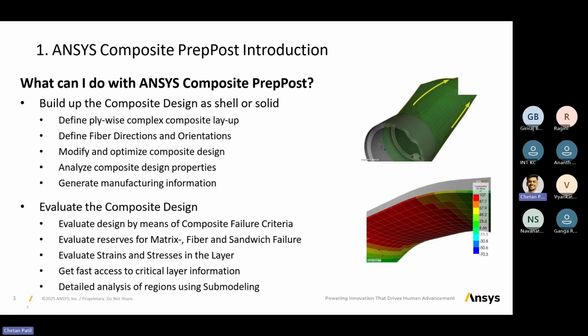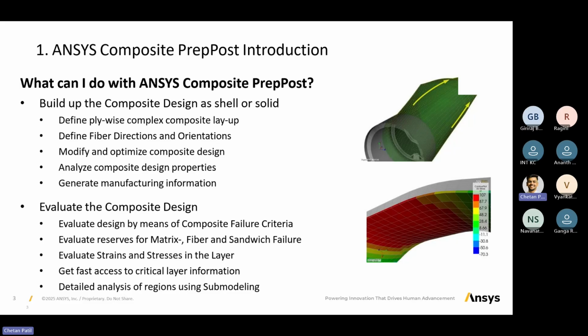Manufacturing information in the sense of what kind of ply you might require when you are using a particular model for the composite lamination or the composite ply creation. So what kind of ply you might require, you can generate that manufacturing information as well. What kind of surface you might require if you are creating a ply, what kind of structure you might require if there are curvatures on the geometry.